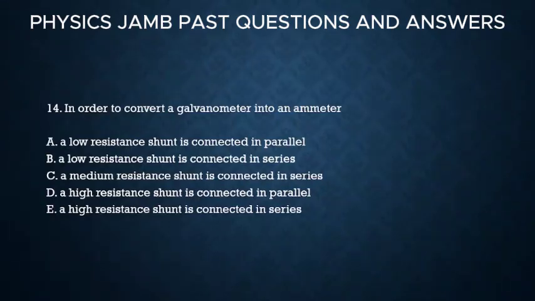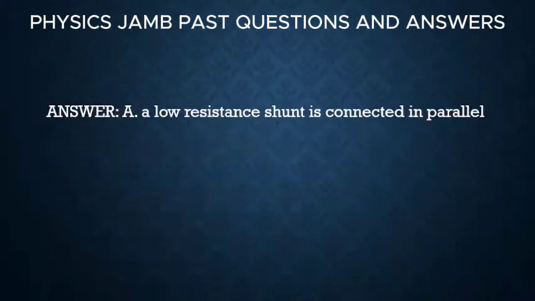B. A low resistance shunt is connected in series. C. A medium resistance shunt is connected in series. D. A high resistance shunt is connected in parallel. E. A high resistance shunt is connected in series. The answer is A. That's a low resistance shunt is connected in parallel.